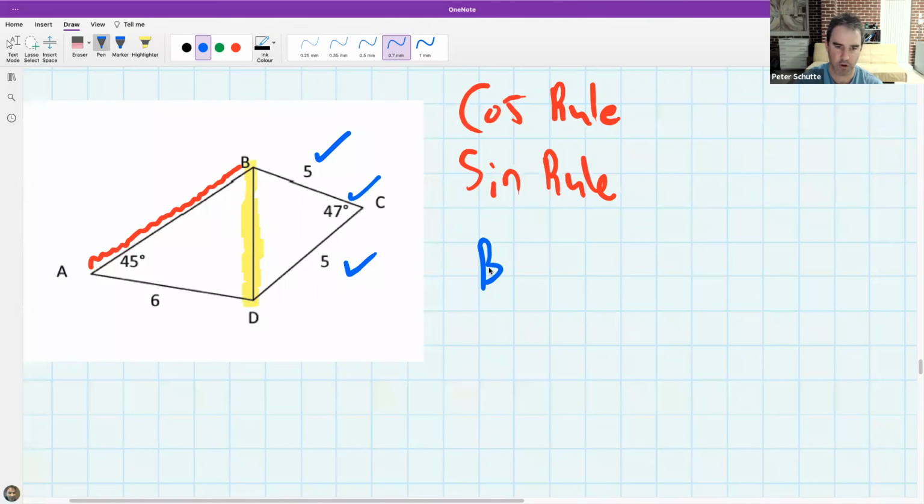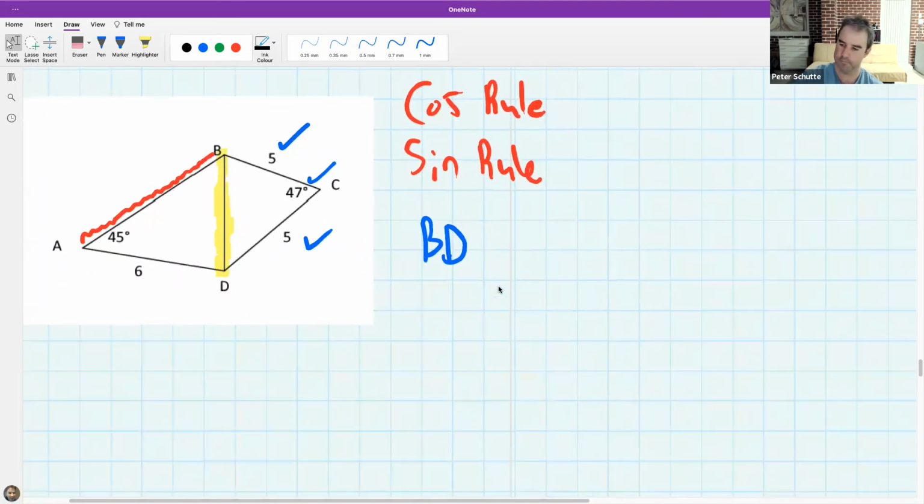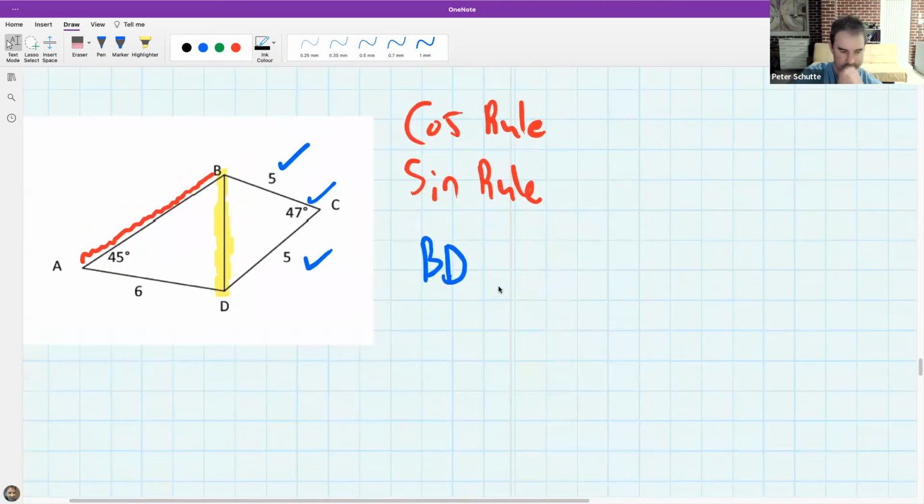So why don't we, everyone, put BD in the chat and see what we get and see if we can agree on what BD is. And then we'll go to the class for some guidance on the next step. Maybe someone else can give us a hint. Thank you, Musa. That was fantastic. To think about, how do we find BD and what would it look like? So I suppose if it's two sides and the included angle, I'd start with BD squared.